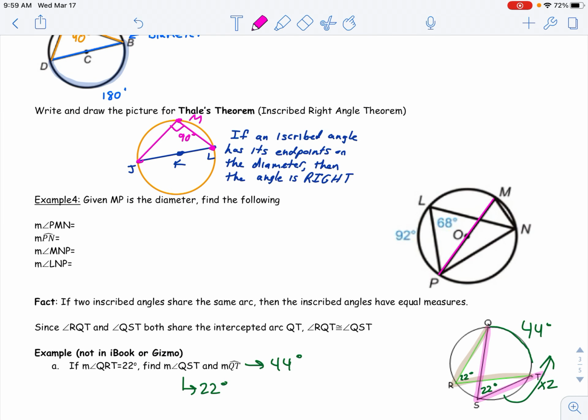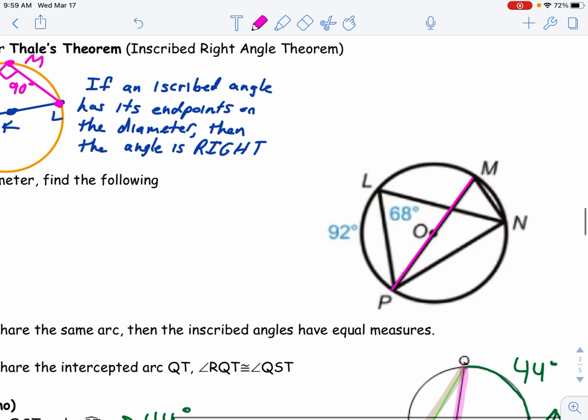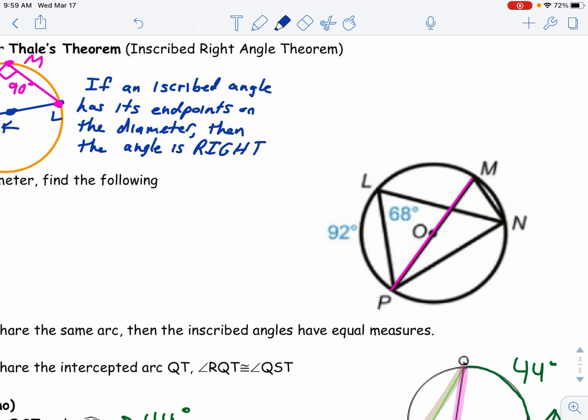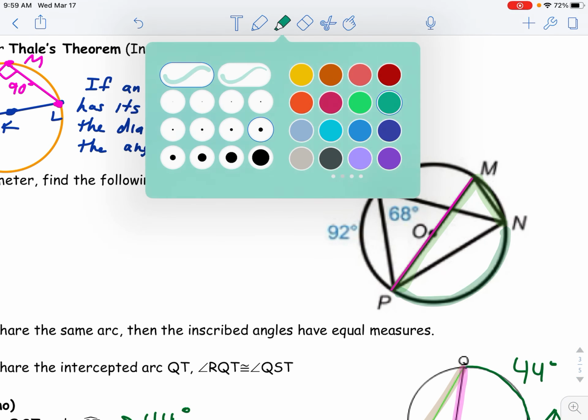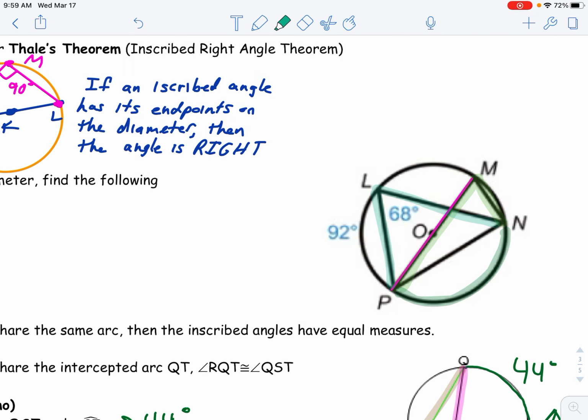The measure of angle PMN. This has nothing to do with the diameter. PMN is going to relate to this arc measure here. But hold up. If we investigate further, this angle shares the same intercepted arc.